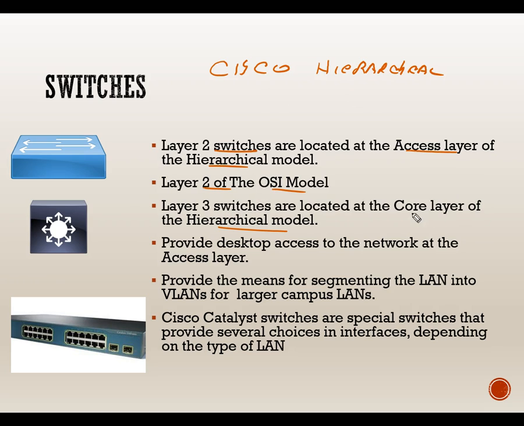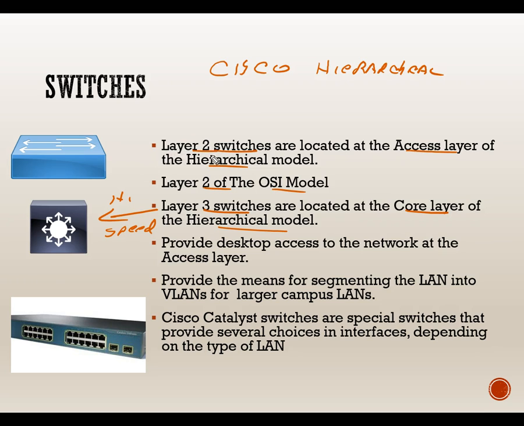And layer 3 switches at the core layer, big deal, are going to be high speed devices. And what we do is, these things start out as layer 2 switches. We can convert them into something that will forward packets, which would then work at layer 3. I know we're kind of mixing apples and oranges here, but not really.